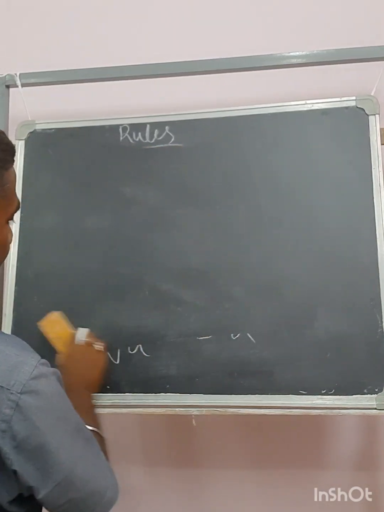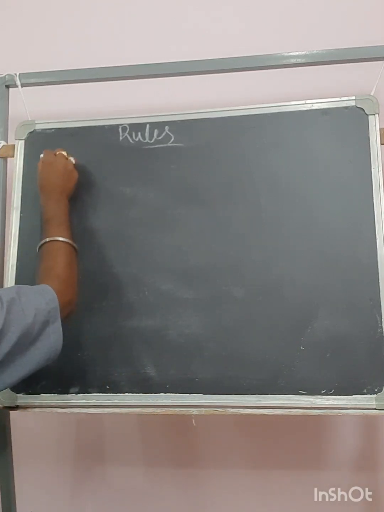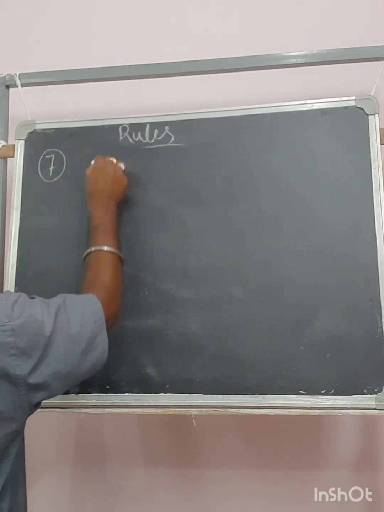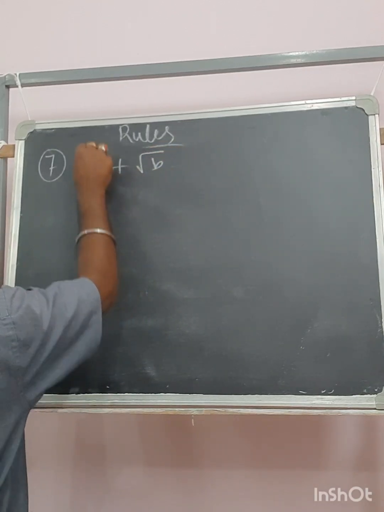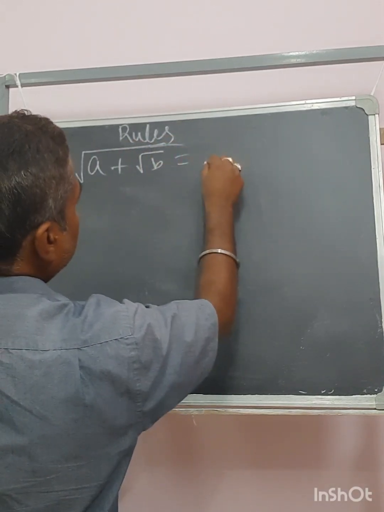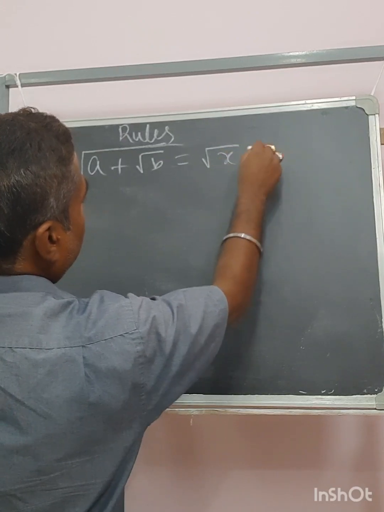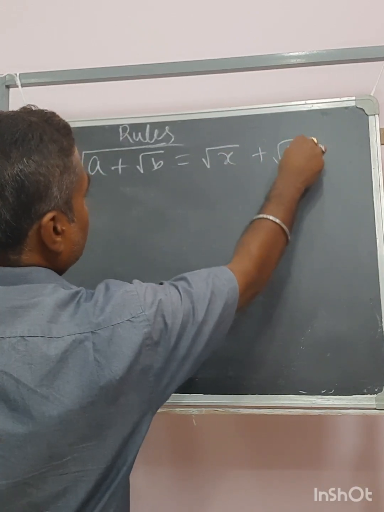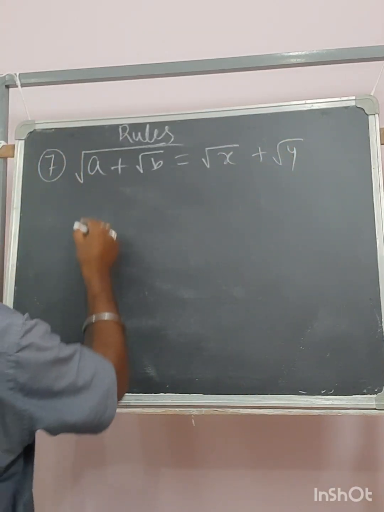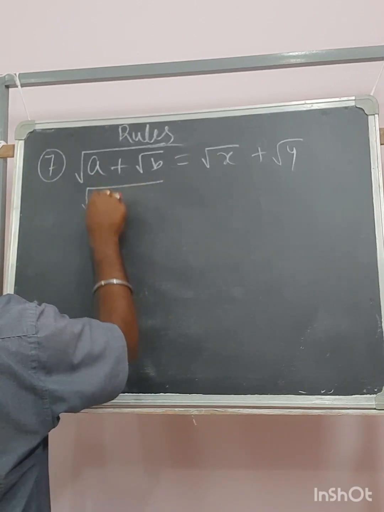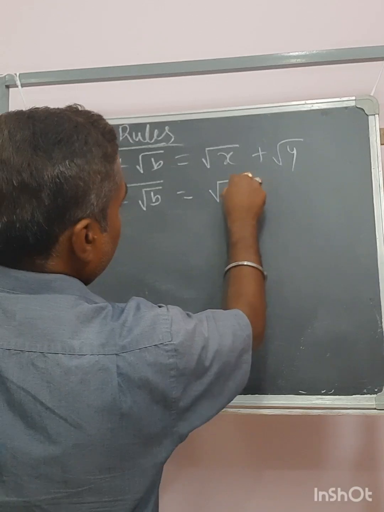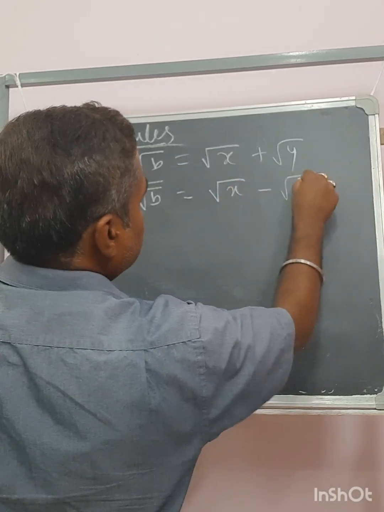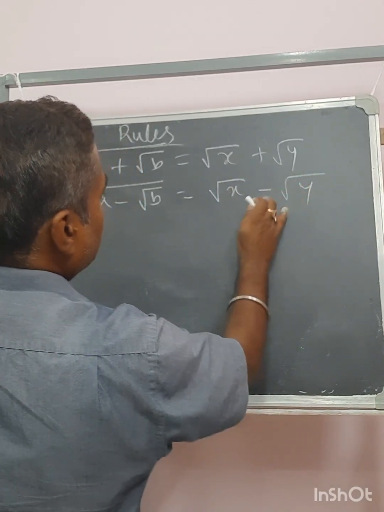Let's say seventh, a plus root b, this is a mixed surd, can be converted into a compound surd. Then this also holds good. If the sign changes in between, the result will change only with a sign in between.